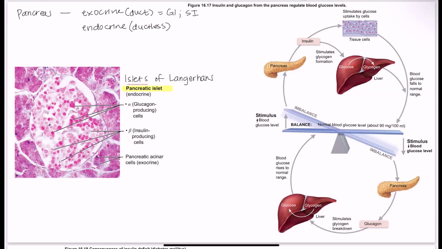And these guys produce pancreatic hormones. So there's two different cell types here. There's alpha cells and there's beta cells. Alpha cells produce glucagon, so I'll highlight that in pink, glucagon, and beta cells produce insulin.